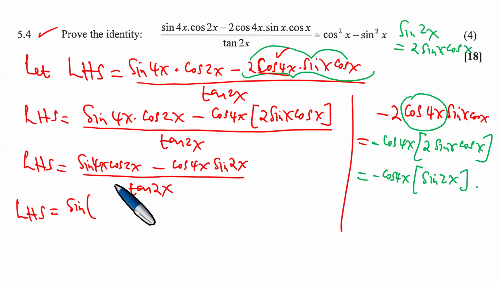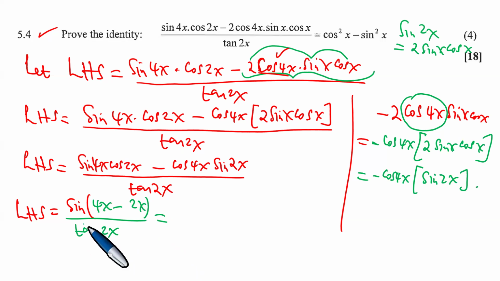And now this one is a nice compound angle formula. What is the compound angle formula for sine of A minus B? So sine of A minus B becomes sine of the A is cosine, and then you subtract the 2x, all over tangent of 2x.